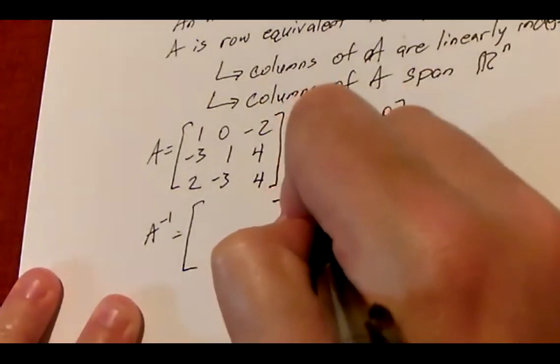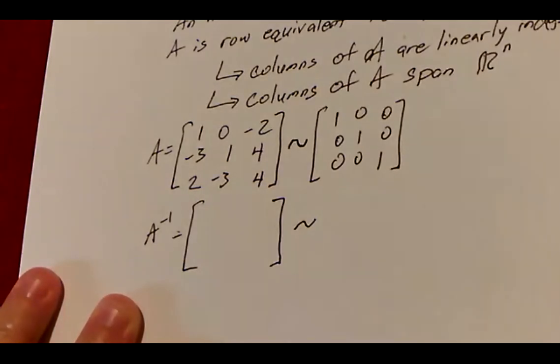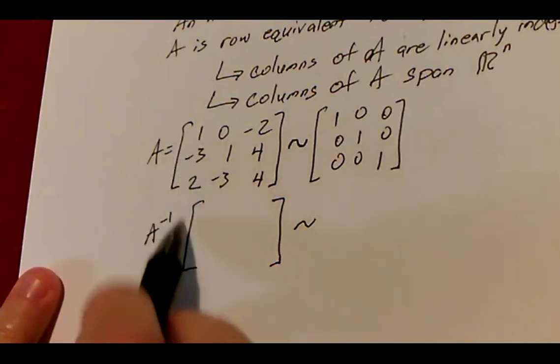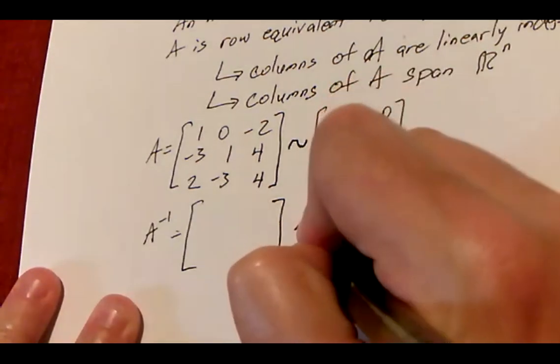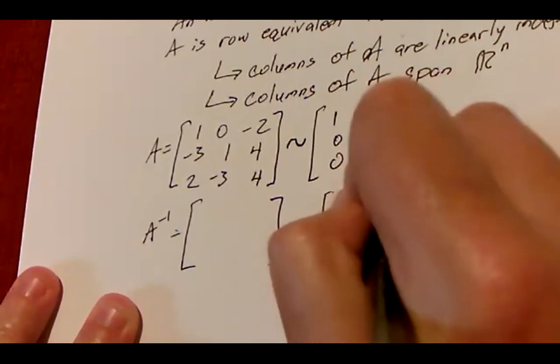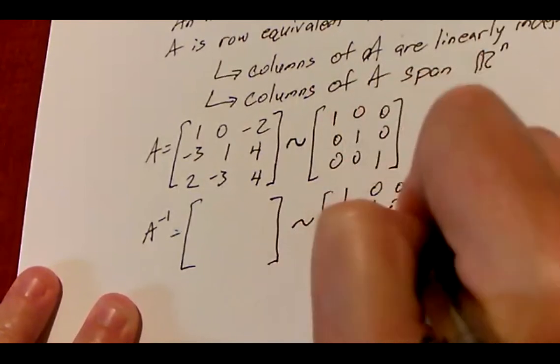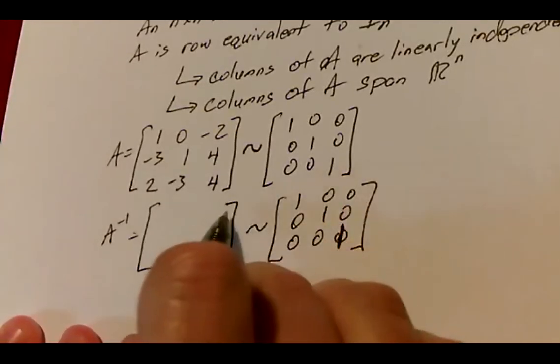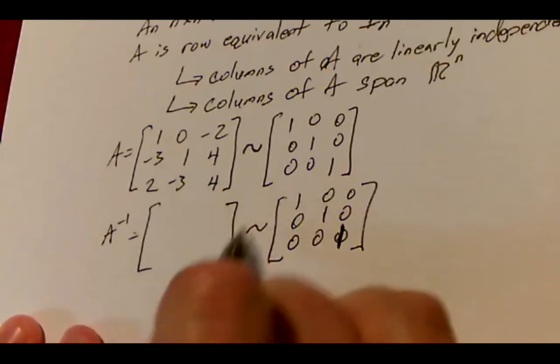And I know that I can row reduce it. And since A inverse has an inverse, in this case A, remember, we can go either direction here on the inverse. If I row reduce it, I'm going to get the identity matrix, and then I can reverse those row operations and get back to my inverse.